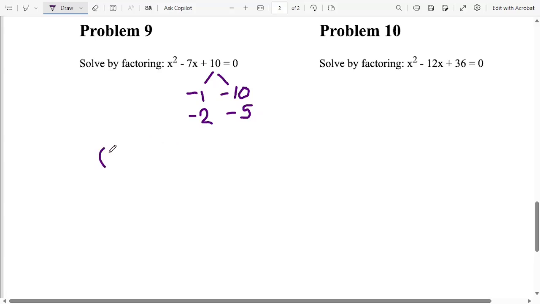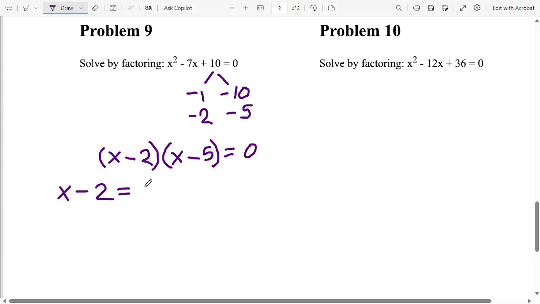So I'm going to write the left-hand side in factored form as x minus 2 times x minus 5, and set that equal to 0. Now using the zero product property, I can set x minus 2 equal to 0, and x minus 5 equal to 0, and solve for my two solutions.